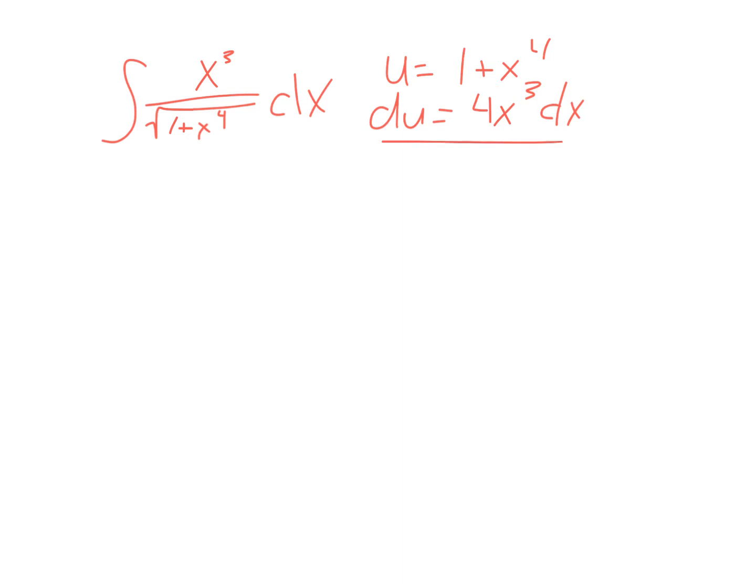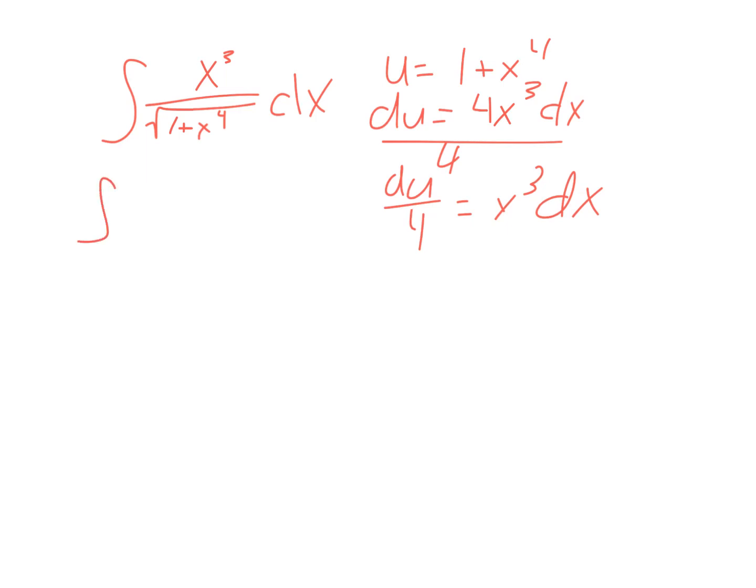So divide by 4. Again, it's not always going to be 4, but it is in this case. Our two examples, just ironic. So I'm going to replace x to the third dx with du over 4.